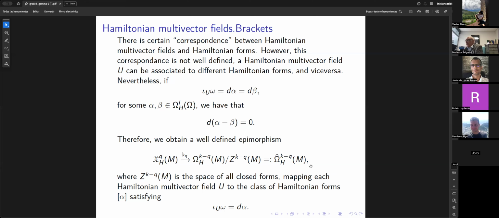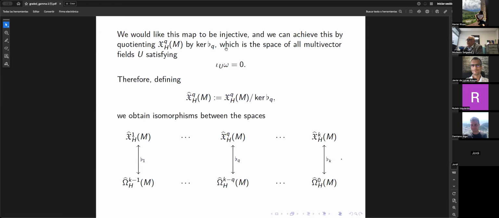And this is well defined. So this is just the projection. We have the mapping onto this space, and we project to the quotient. And also we would like an injective mapping. So to have that, we only need to quotient the multivector fields of order Q by the kernel of this B_Q, and so we have isomorphism between these spaces.